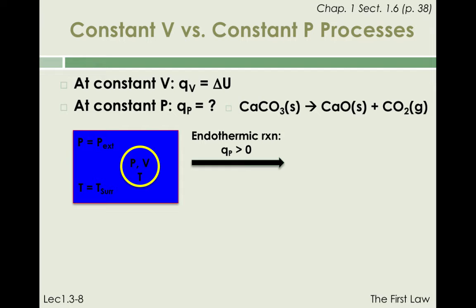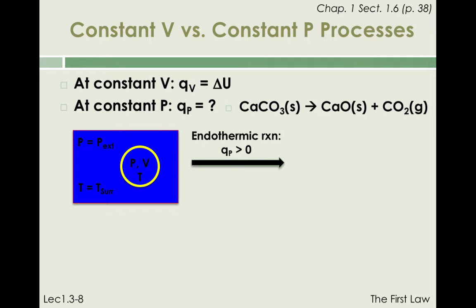Second, there is a net increase in the number of moles of gas as a result of this reaction. Specifically, each mole of calcium carbonate generates 1 mole of carbon dioxide. The reaction occurs at constant temperature and constant pressure, so the volume of the system can change freely as the reaction proceeds. Here, an increase in the number of moles of gas leads to an increase in the volume of the system.